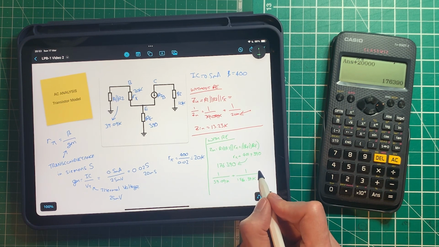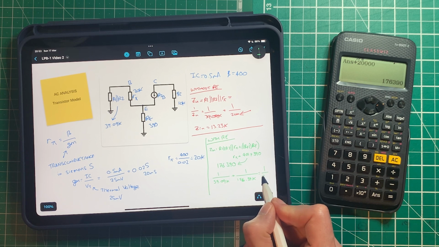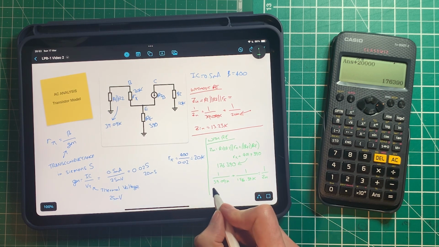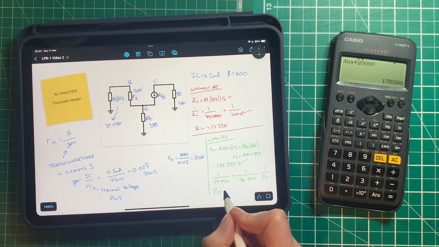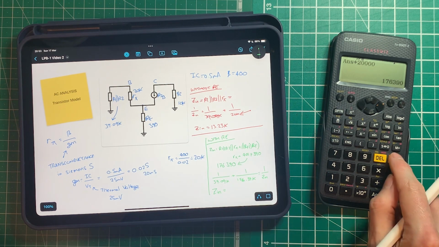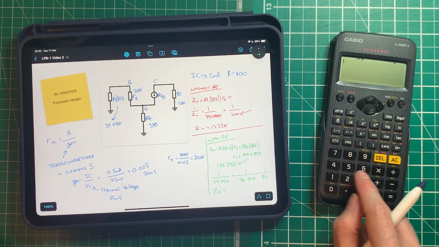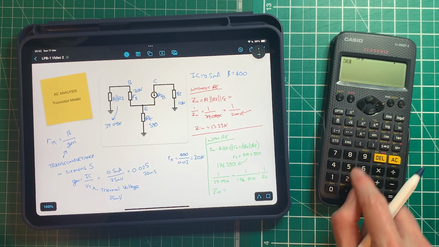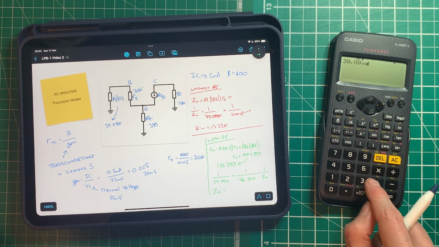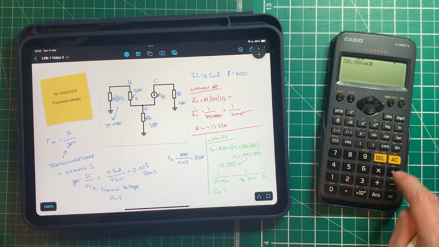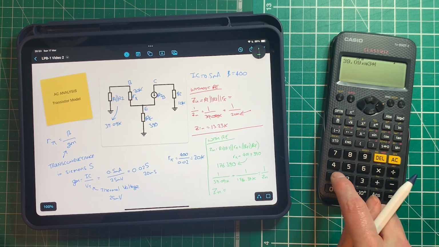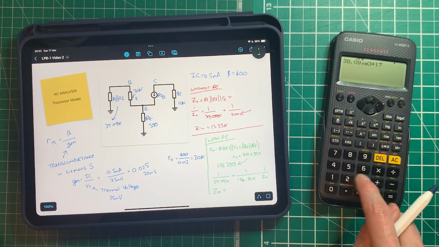And obviously that's going to equal 1 over, so we need to take the reciprocal. So with RE, Z in is going to equal 39.09 times 10 to the power of 3 plus 176.39 times 10 to the power of 3.